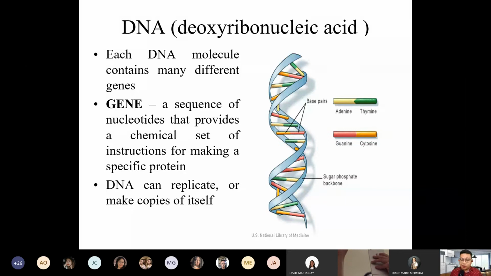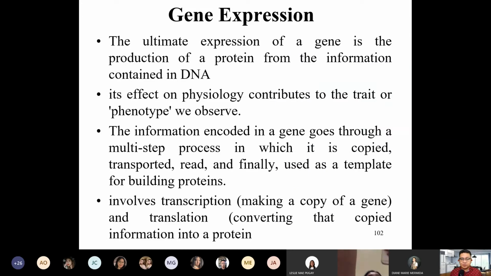DNA can replicate or make copies of themselves, which is a very important part of the process. So the ultimate expression of a gene is the production of a protein from the information contained in the DNA. So, depende kung ano nakasulat sa inyong DNA, anong lalabas na gene, anong lalabas na protein. Yung lalabas na protein, it will express itself as the phenotype we observe.